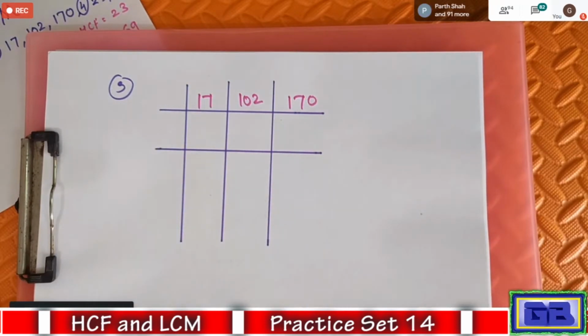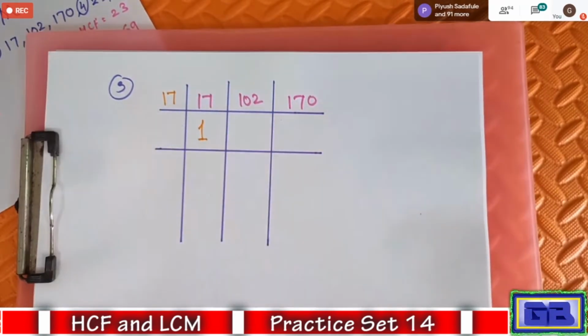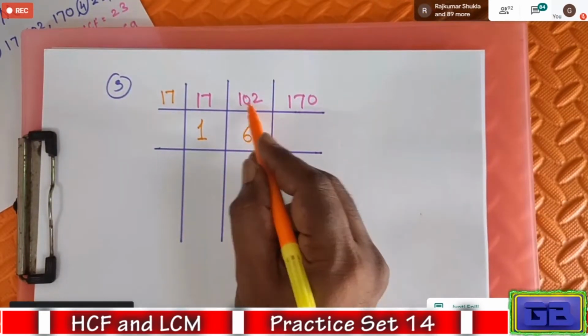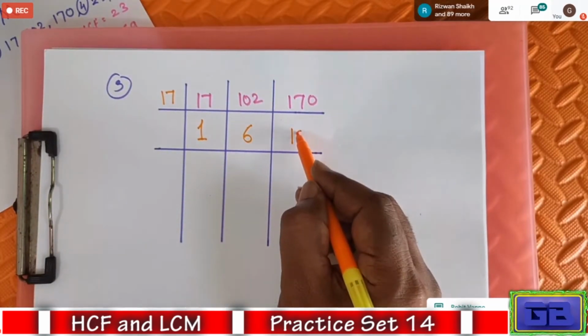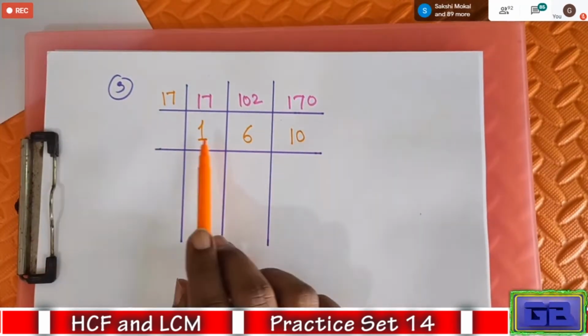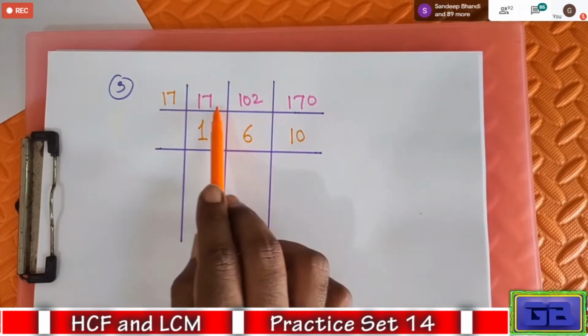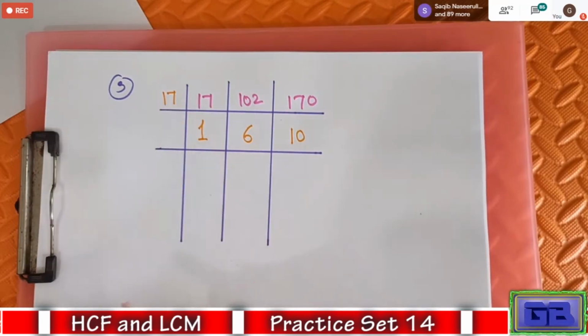So take the first factor as 17. 17 ones are 17. 17 sixes are 102. Correct. 17 tens are 170. As 17 is common in all these three numbers, therefore we have to take 17 as the HCF. Therefore write down the answer.